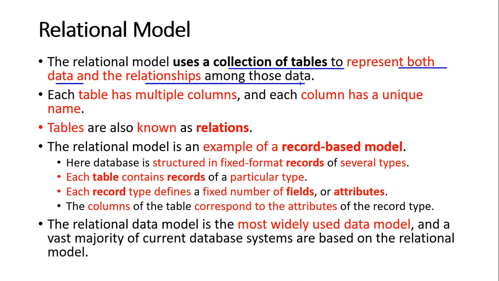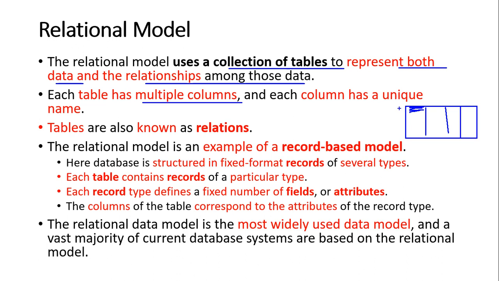So you are using just tables to represent everything. Every table consists of multiple columns, so you are familiar. I have just shown you a few for simplicity. So every table has multiple columns and every column has a unique name.